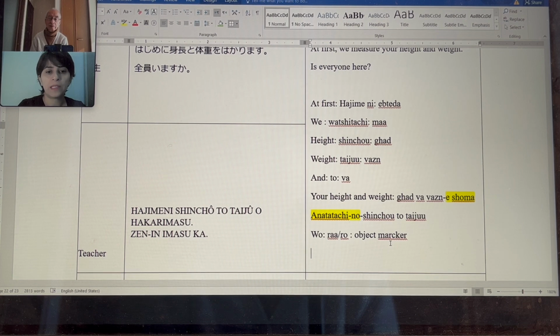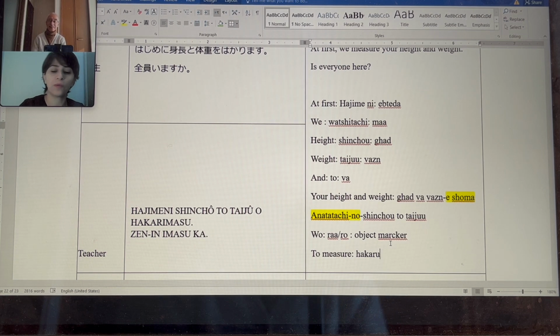So the next one, to measure, or hakaru, right? Hakarimasu. Is it correct? Yes, hakarimasu. Hakaru is the plain or dictionary form.